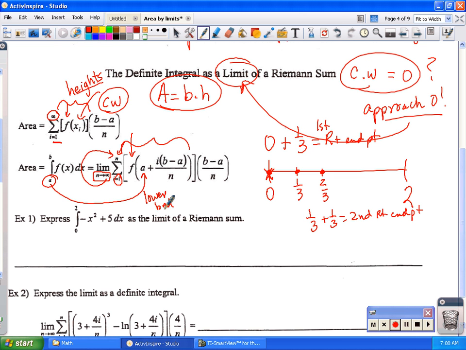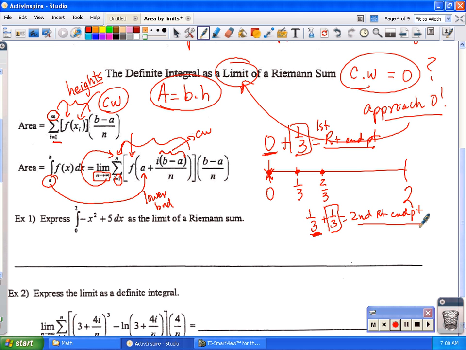You start at the lower bound. In this case, the lower bound is 0, so it doesn't really have that big of an impact. The b minus a over n that we see right here, that's a common width. So we take the lower bound, we add a common width, and that gets me to the first right endpoint. Then we start at the last right endpoint, add another common width, and that gets me to the second right endpoint.